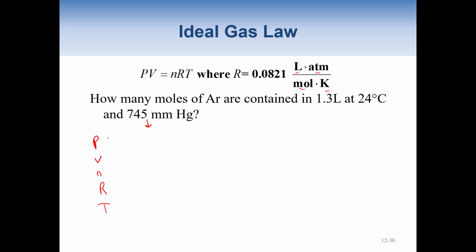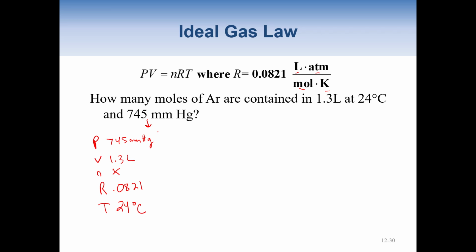Pressure was given as 745 millimeters mercury. Volume is given as 1.3 liters. n is what we're trying to figure out. R is 0.0821. And temperature is given as 24 degrees Celsius.